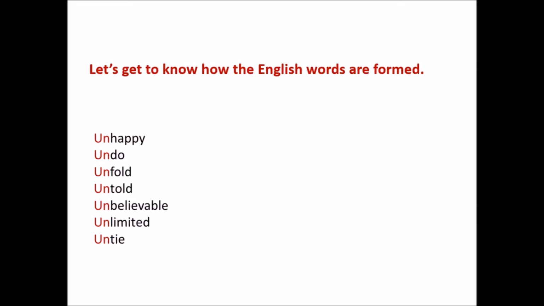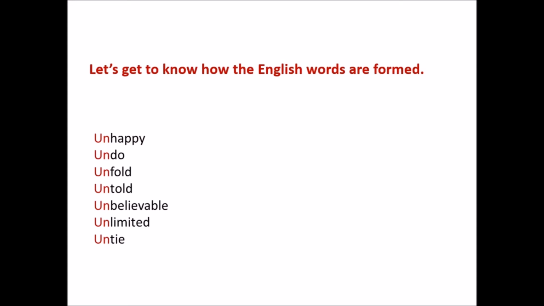By adding a few letters in the front of a word, or in the beginning of a word, we can change the meaning of that word. We can reverse it or give an opposite meaning. Unhappy, happy, unhappy, do, undo, fold, unfold, told, untold, believe, unbelievable, limited, unlimited, tie, untie.